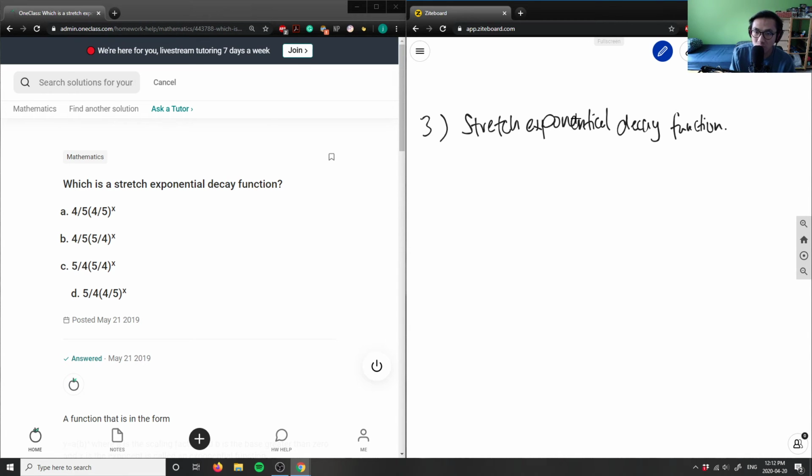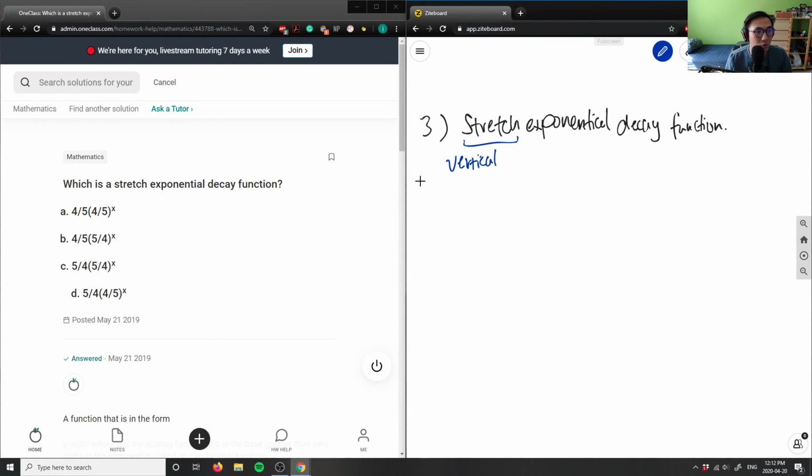So the term stretch means that my graph here is horizontally or vertically stretching, right? When we talk about a vertical stretch in particular, if I look at my answers here, this is affecting the A value. So it's talking about a vertical stretch.